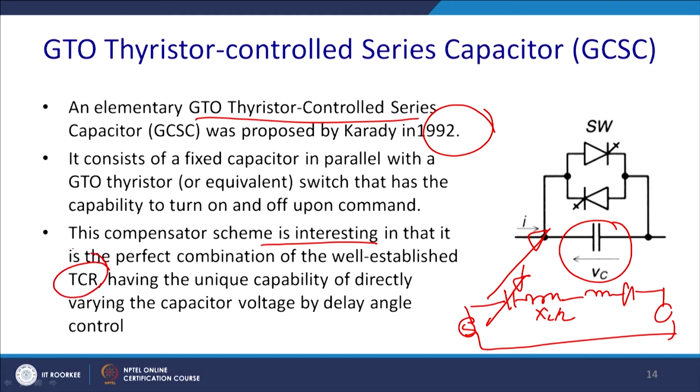We have discussed TCR, the thyristor controlled reactor, and this has the unique capability of directly varying the capacitor voltage by delaying the control. Please recall our TCR. We will have thyristors in parallel. It is very simple.